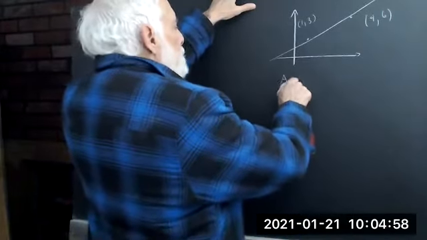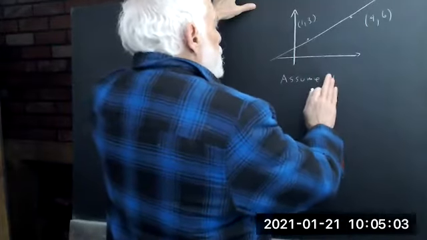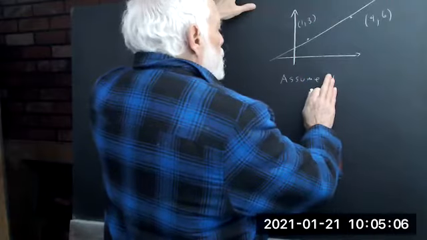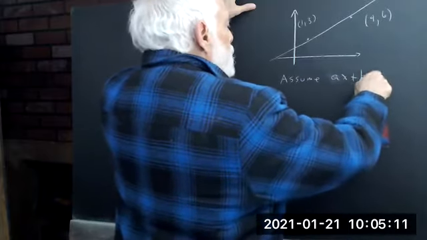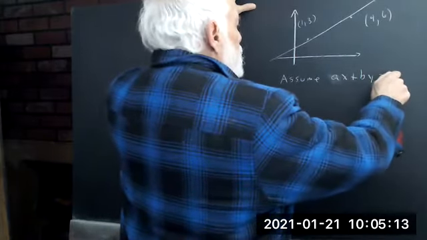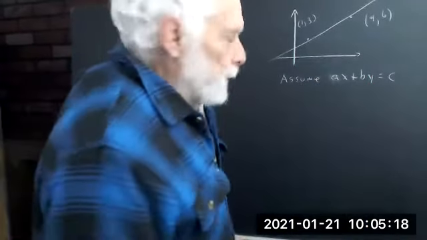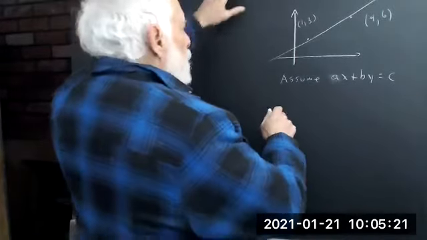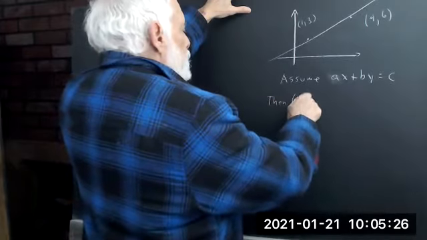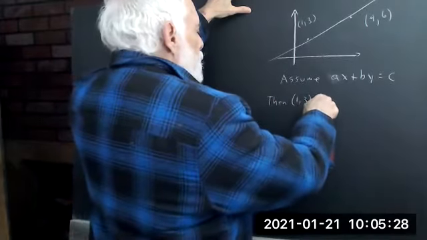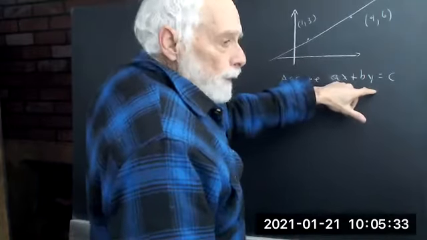We assume our equation has the form ax plus by equals c. Then the first point implies the equation, well, x equals 1, y equals 3.